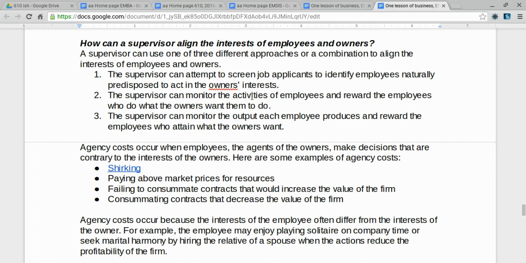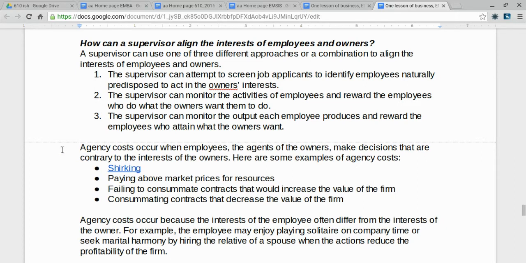Second, the supervisor can monitor the activities of employees and reward the employees who do what the owners want them to do. And finally, the supervisor can monitor the output of each employee and reward the employees who attain what the owners want or who produce the most things that the owner desires.